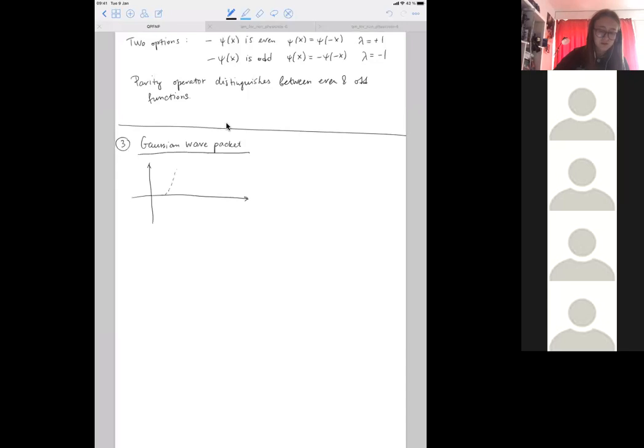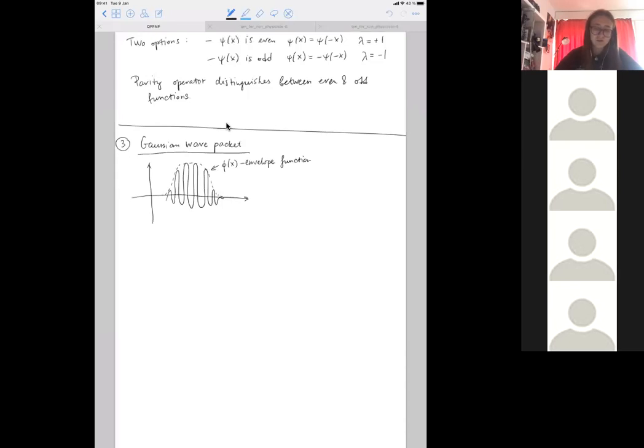Usually, to describe such a packet, we first need to define a so-called envelope function. It is a function which determines the outer shape of the wave. So this is an envelope function, and this is, for example, the wave function.